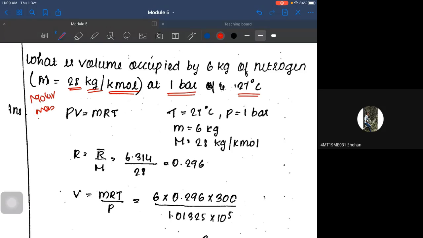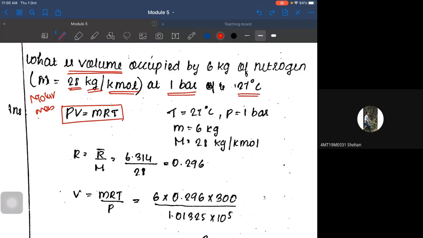You are supposed to calculate the volume. You can use PV equals mRT for that and carry out the procedure.